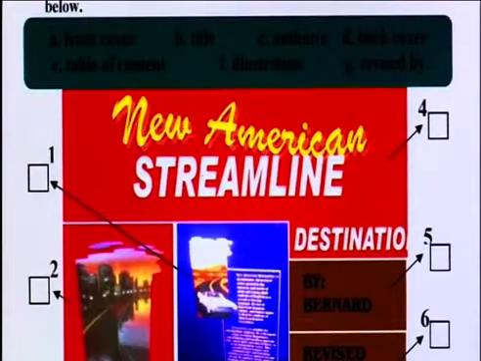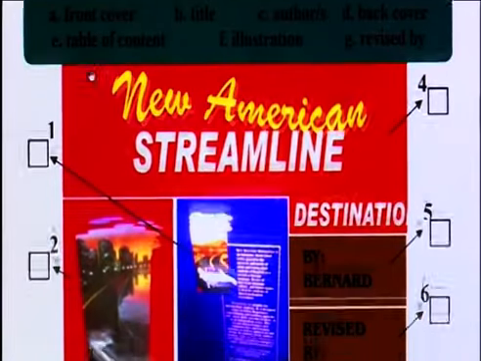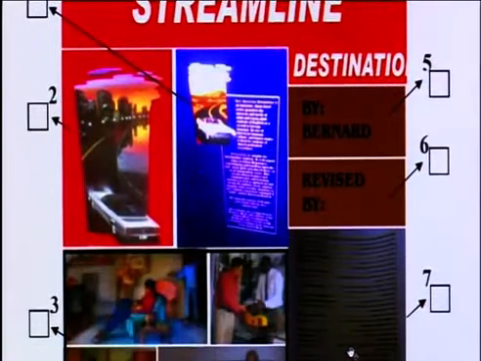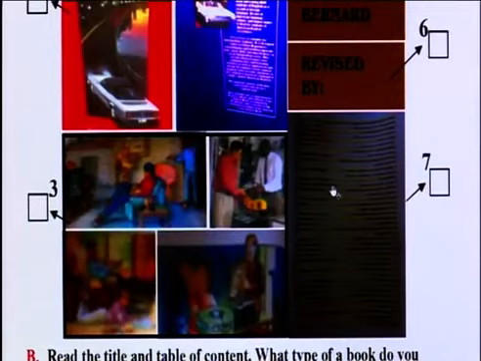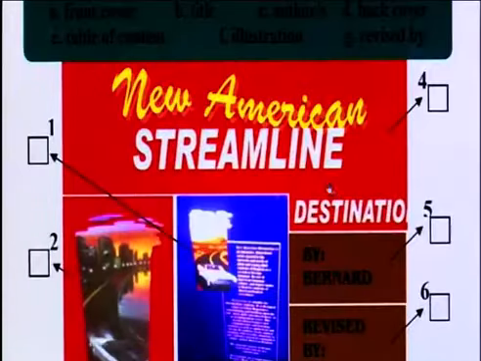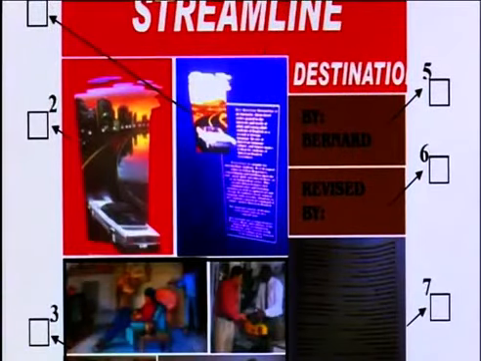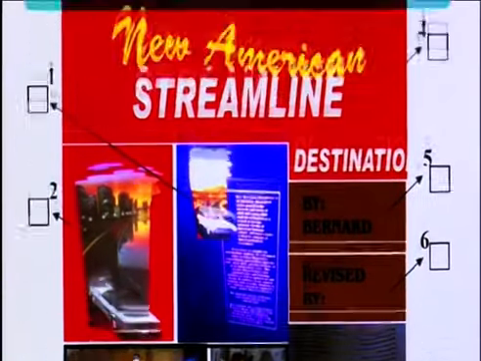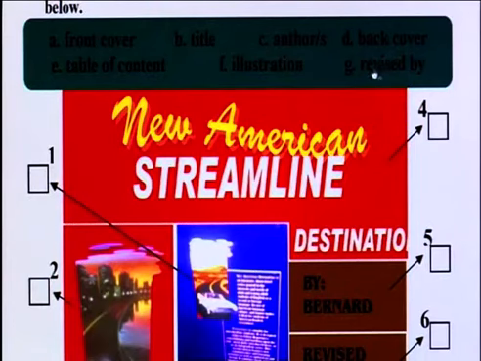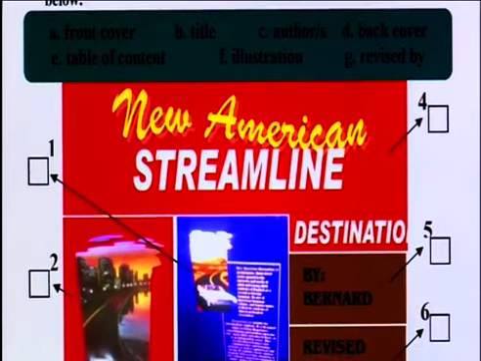Table of content. The next part is illustration. They are illustrations. And the next part is revised by.